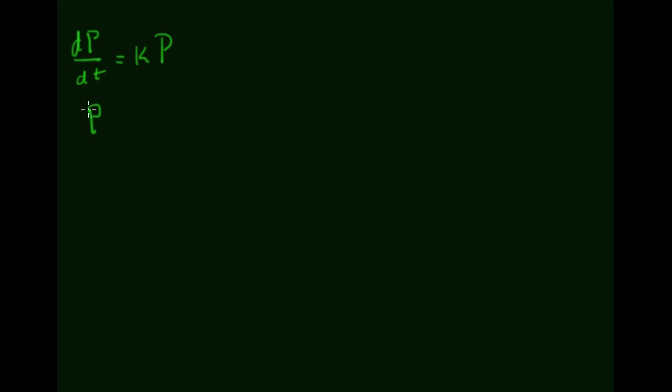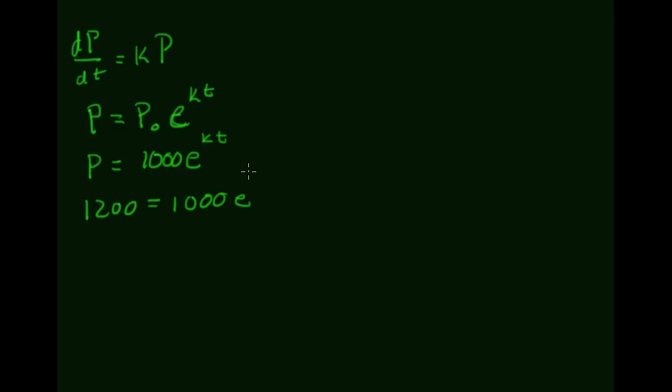So again, this means that P is equal to P initial e to the kt, right? The initial value is 1,000. We have a point 7 days in, so 1,200 is 1,000 e to the 7k.